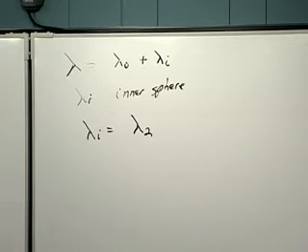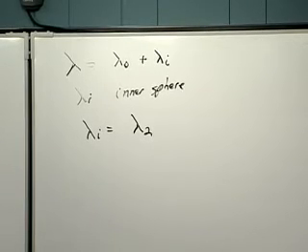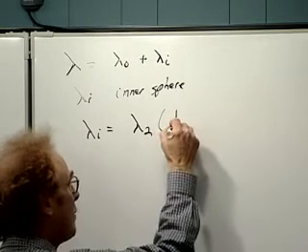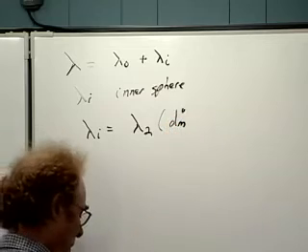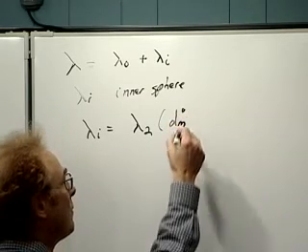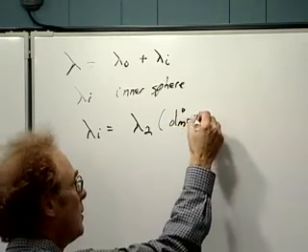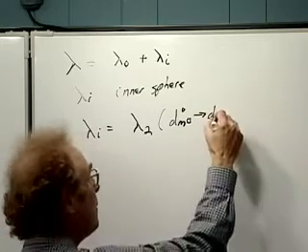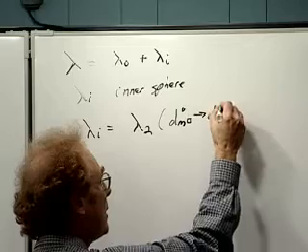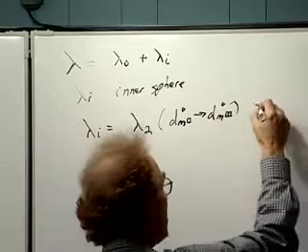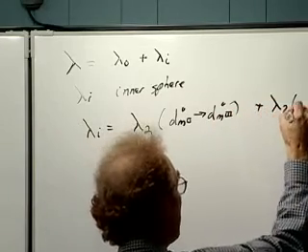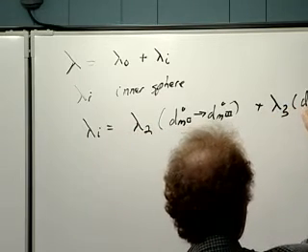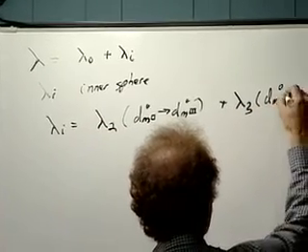Say I'm dealing with iron 2+ and iron 3+. For the 2+ species, that has to go from its equilibrium configuration, the metal 2, to the metal 3, plus a reorganization piece for the ferric, which is going to go from DM3 to DM2.